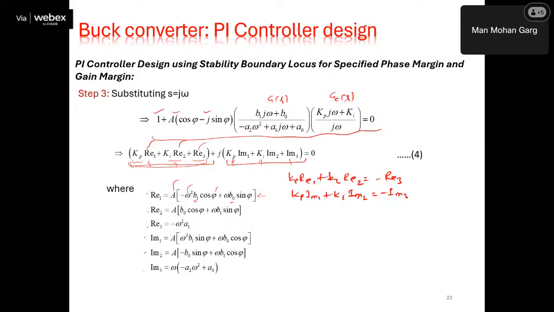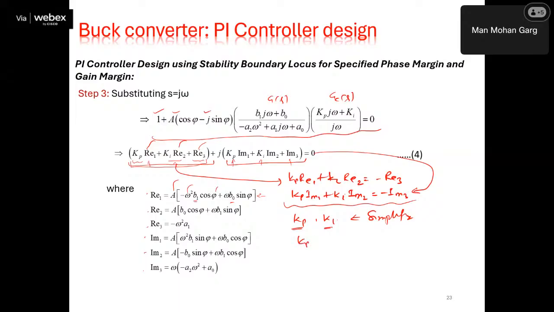Okay, so one equation we are getting from here, another equation we are getting from here. Now these two equations we can simplify for Kp and Ki.